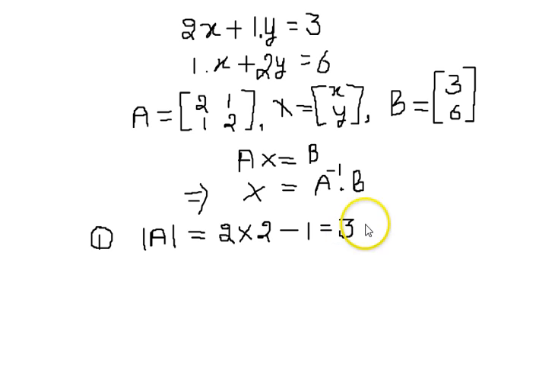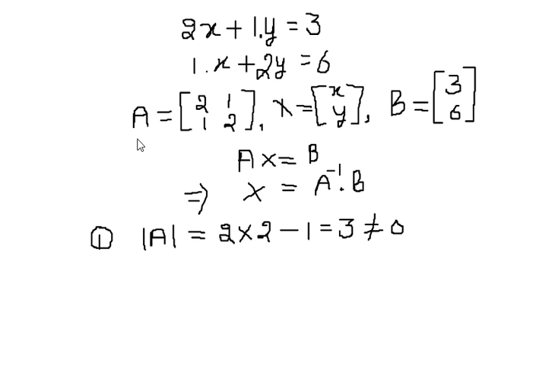Now as the determinant of A, which we found, is not equal to 0, this matrix A is called a non-singular matrix.